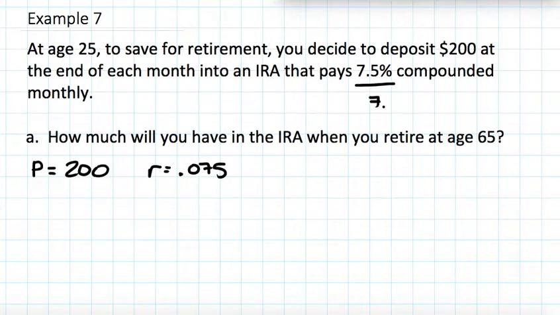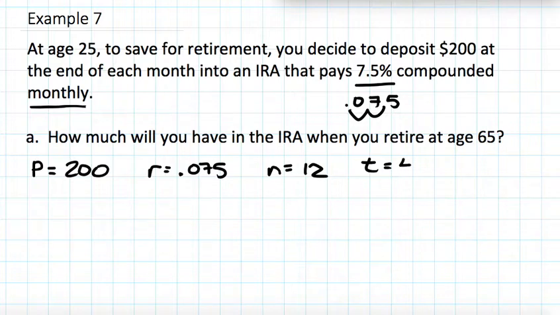So 7.5, move the decimal point 2 places. I have N compounded monthly, means that N is 12. And the amount of time that it's in the account, if I'm retiring at age 65 and I started it when I was 25, that means T is 40 years.